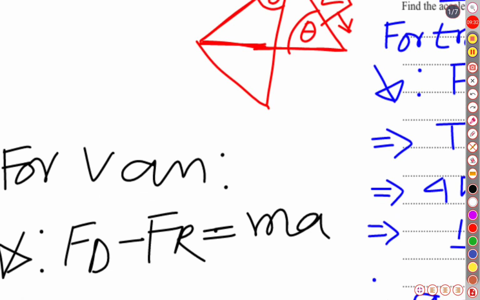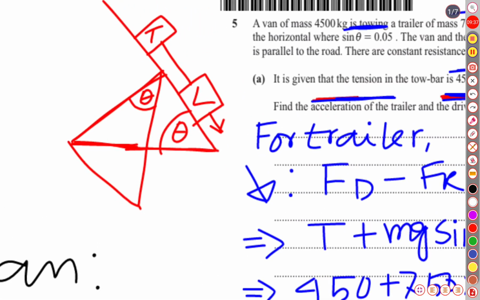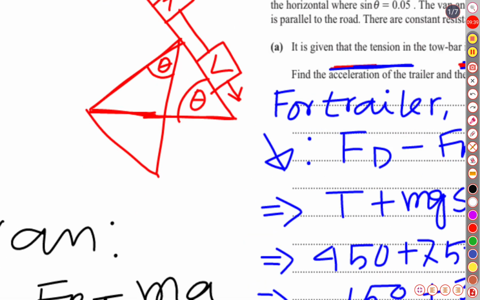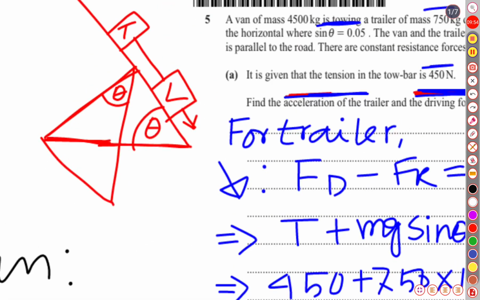If we look at the figure, the van is moving downward with its own driving force. So as it is missing, we will write driving force. And is there any force causing it to move down? Let us see.